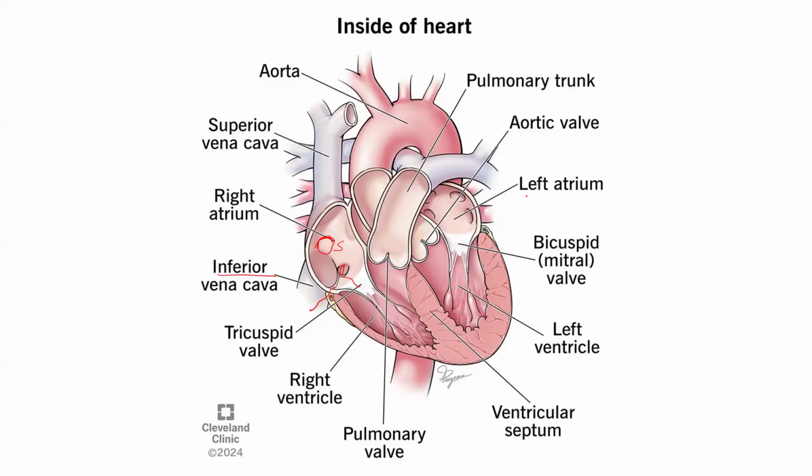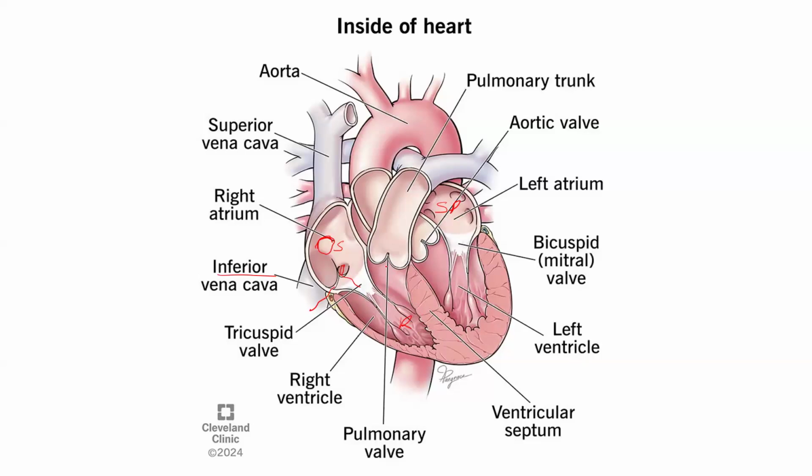Also, for the left atrium, you have a smooth posterior part and a rough anterior part, the left auricle. And then you have the ventricles, which have rough inflow parts, both of them, known as trabeculae carneae, and smooth outflow parts.